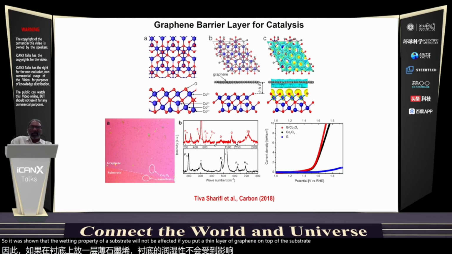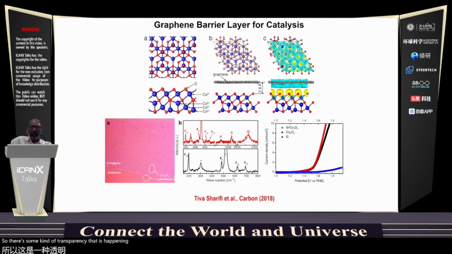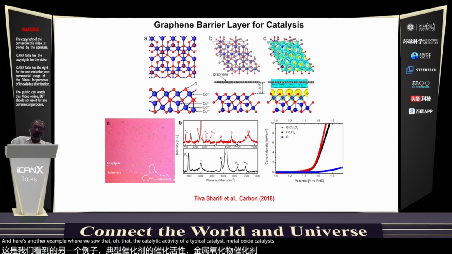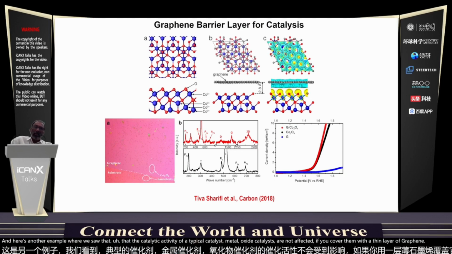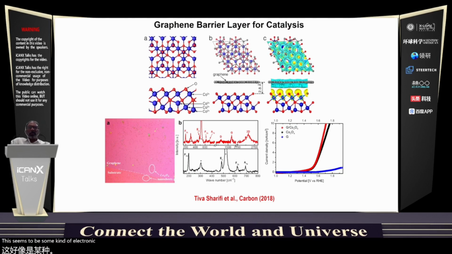So there's some kind of a transparency that is happening, and this is probably due to some electronic effects. And here is another example where we showed that the catalytic activity of typical catalysts, metal oxide catalysts, are not affected if you cover them with a thin layer of graphene. There seems to be some kind of electronic transfer that is occurring through the intermediate layer of graphene.